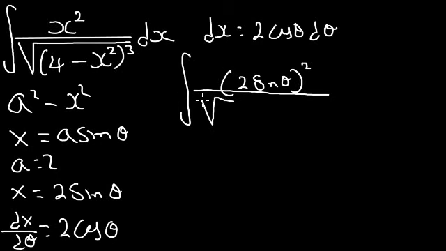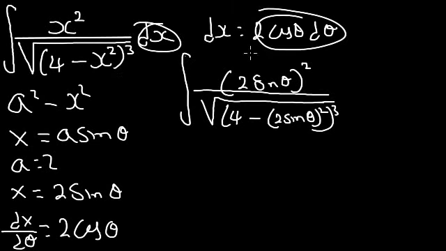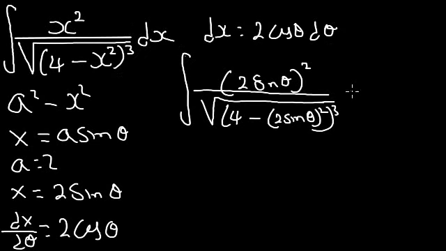That will be the square root of 4 minus x, which is still 2 sine theta, all squared, then everything raised to the power of 3. Perfect. Now dx is simply 2 cos theta d theta, so I'm just going to replace dx with 2 cos theta d theta. Now we have everything in terms of theta.